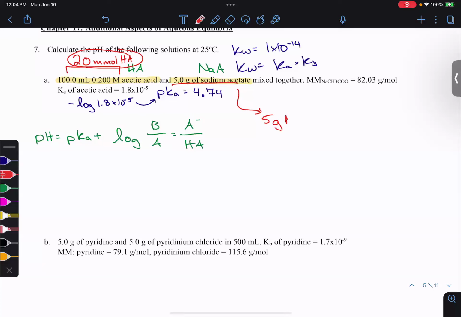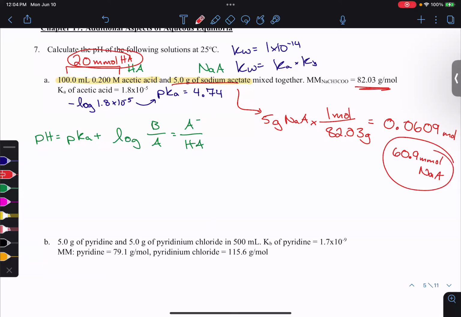So 5 grams of NaA, and I tell you the molar mass is 82. So 82 grams is 1 mole of NaA. And then we have to be careful to make sure that our mole units match. So 5 divided by 82.03 is 0.0609 moles. So I think that is 60.9 millimoles of NaA.